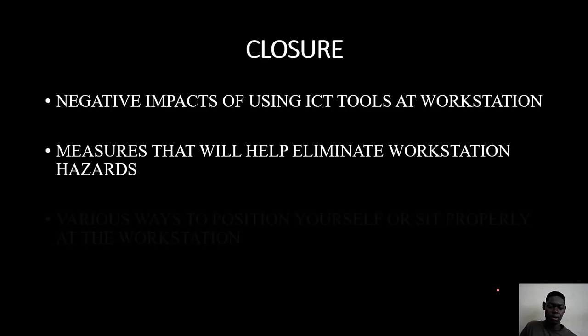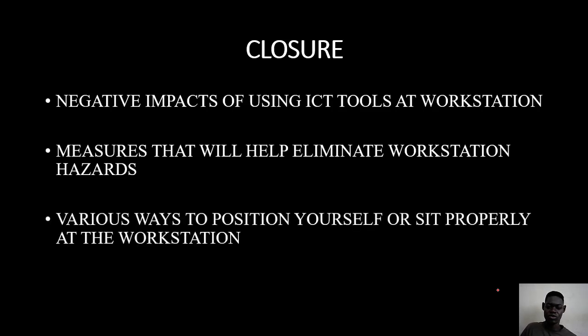After that, we moved on to the various ways to position yourself or sit properly at the workstation. Here we displayed the picture showing you how to sit properly at the workstation. We said that your neck should be straight, and the armrest should be positioned well so that your elbow is in line with the keyboard. Your feet should be flat on the floor.